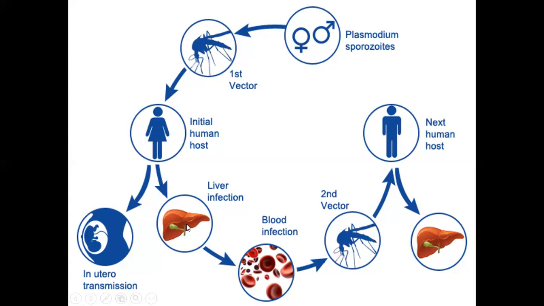Then after the liver is infected, it goes to the blood, and when a mosquito which is not infected by the Plasmodium bites that human whose blood is infected by that protozoa, that mosquito will be the second vector, and like this cycle, malaria is spread from one human to another human.